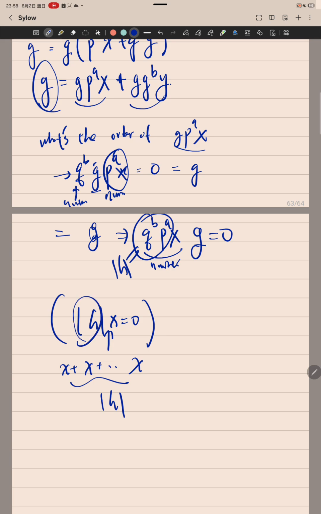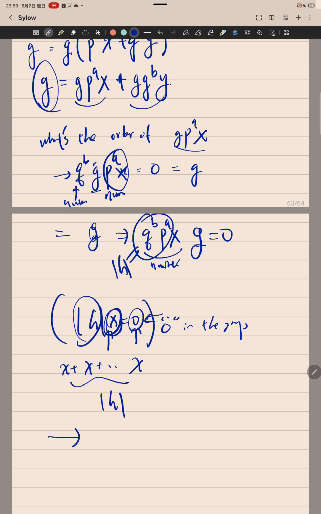Every element in a finite group becomes 0 when you add it up |G| times. Here 0 is the identity in the group.